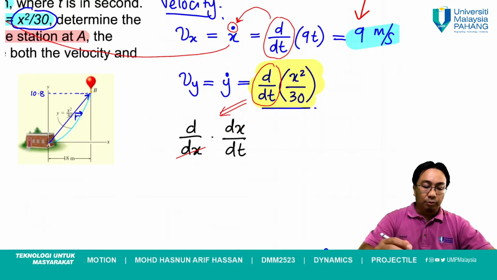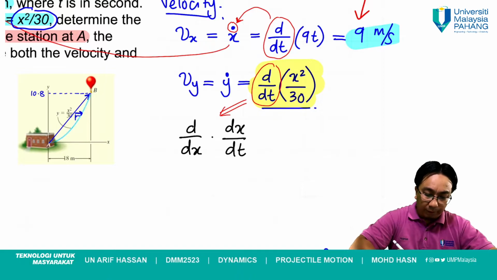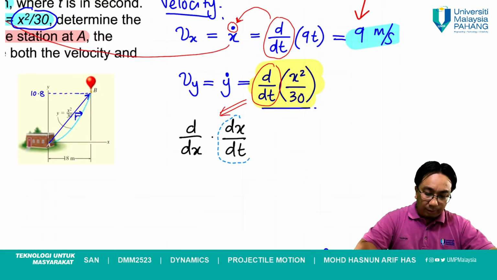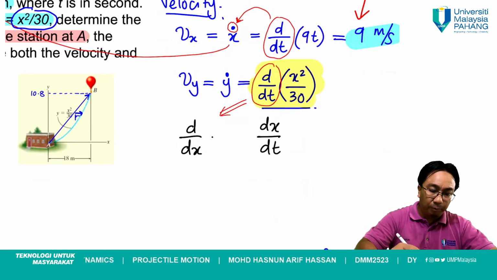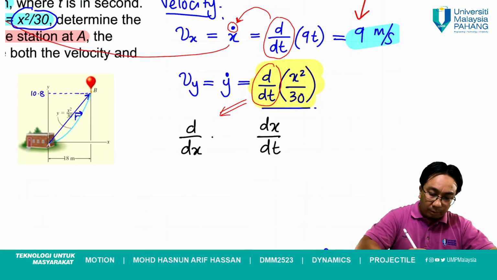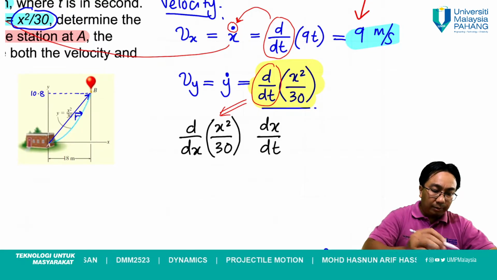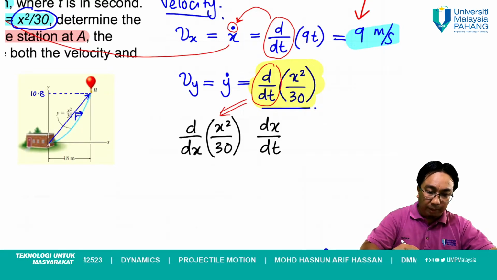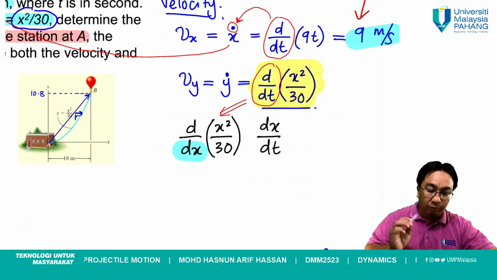Okay, so when we have this, saya boleh bring dx over dt ni a little bit to the right, and then I can put in here x square over 30. Now you see there should be no problem lagi because now we have d over dx and we have our variable x.